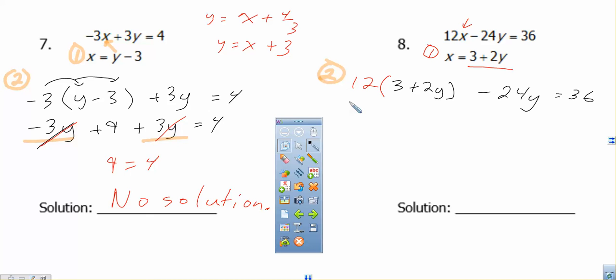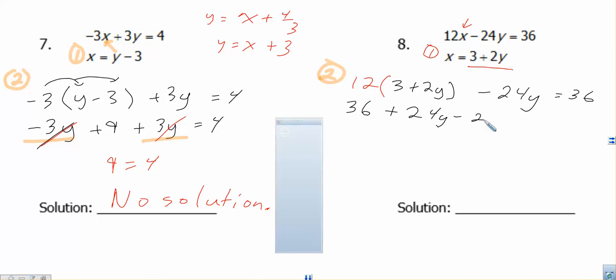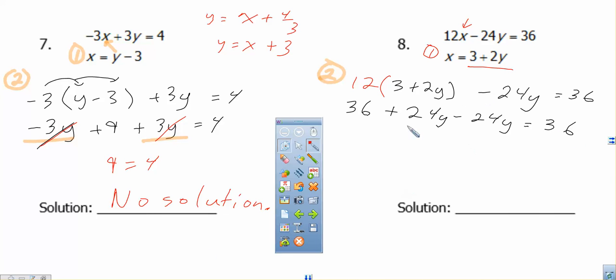And distributing, we get 36 plus 24y minus 24y. And I see a problem already. 24y and 24y are a 0 pair. So we get the equation 36 equals 36.